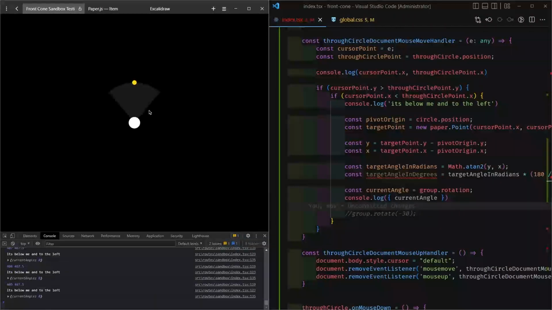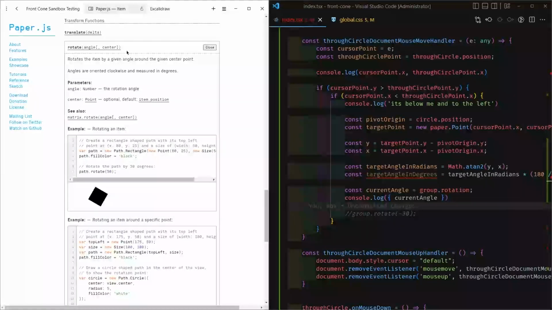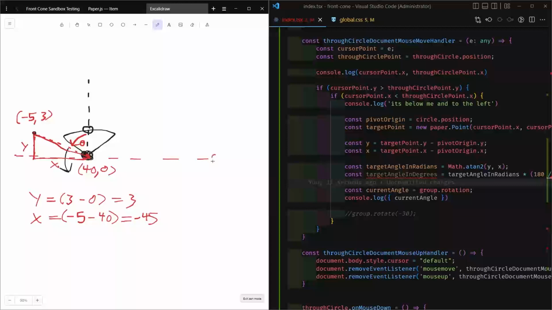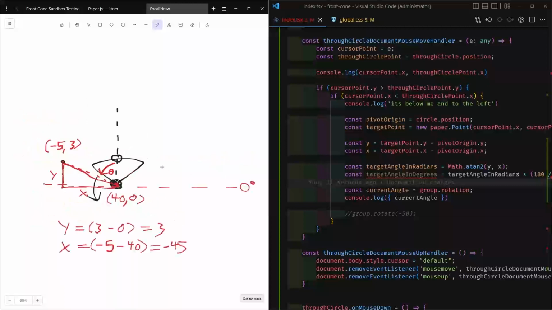It's 0. So it starts at 0 going vertically, which is interesting, because how actual degrees should work is that 0 should be right here. But now we have this 0 degrees up here.